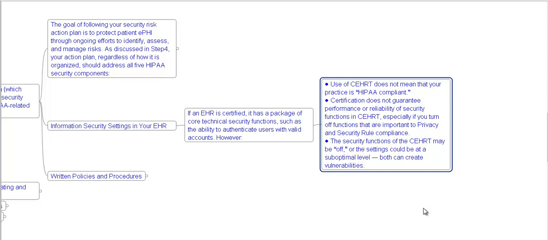Certification does not guarantee performance or reliability of security functions in CEHRT, especially if you turn off functions that are important to privacy and security rule compliance. The security functions of certified electronic health record technology may be off, or the settings could be at a suboptimal level. Both can create vulnerabilities.